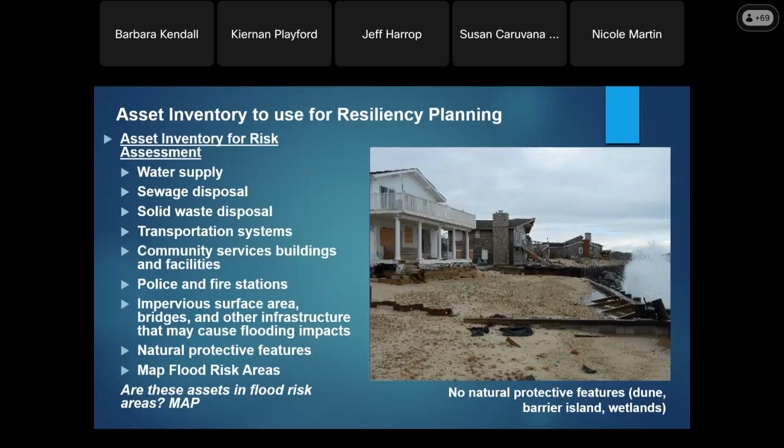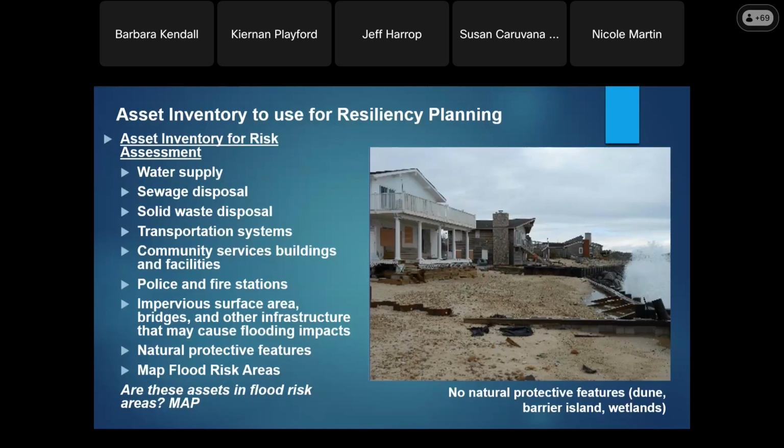So for the LWRP itself, these are the topics and facilities that should be included to start looking at what your risks are to your community and your facilities from flooding and sea level rise and other climate change impacts.